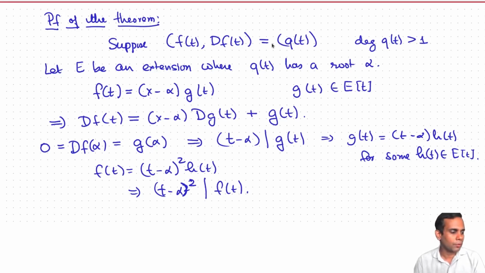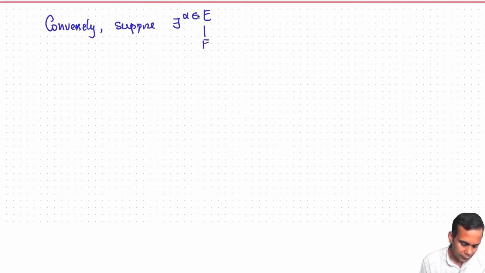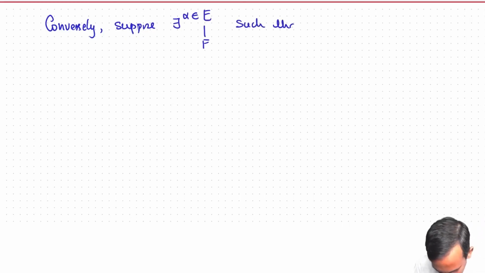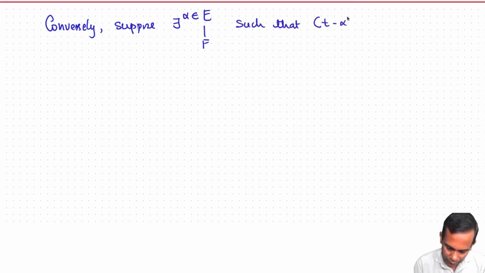Now let's prove the converse. So conversely, suppose we do have an extension E over F and an element alpha in E such that (t minus alpha) squared divides f(t) in the polynomial ring E[t].